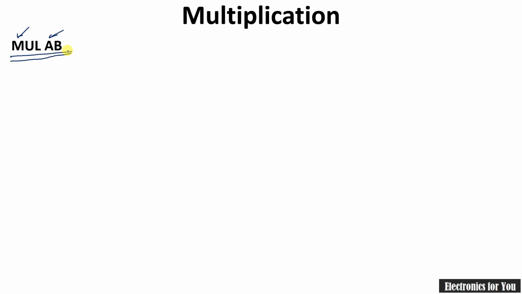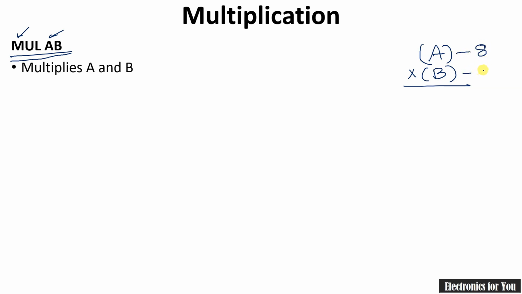It will multiply the content of the accumulator and B. So A times B will be computed. Note that two 8-bit numbers may generate a 16-bit result, because this is a multiplication operation.